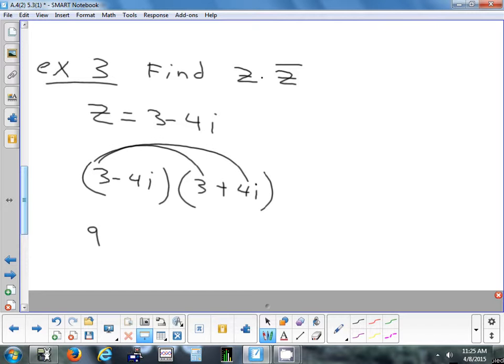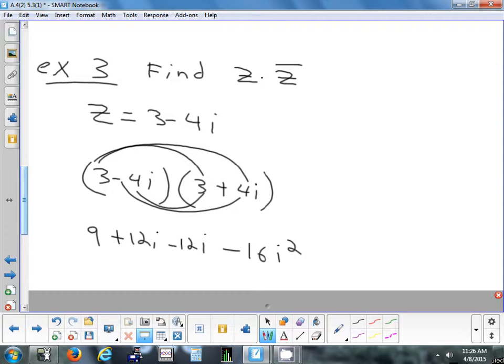What's 3 times 4i? 12i. What's 3 times negative 4i? Negative 12i. Okay. And then the last part, we have a negative times a positive. So that's a negative. 4 times 4 gives me 16. And what about i times i? i squared.